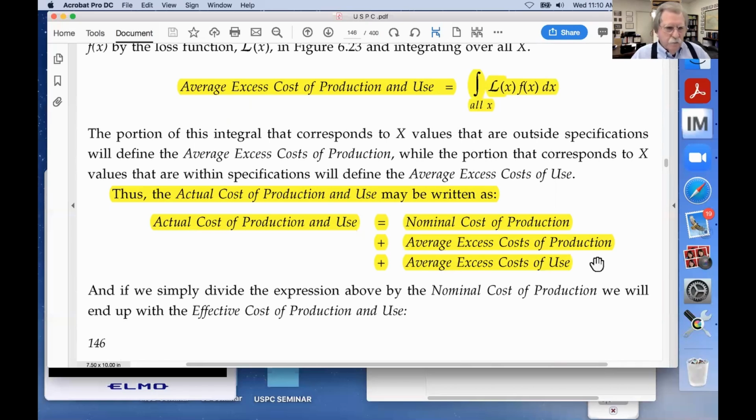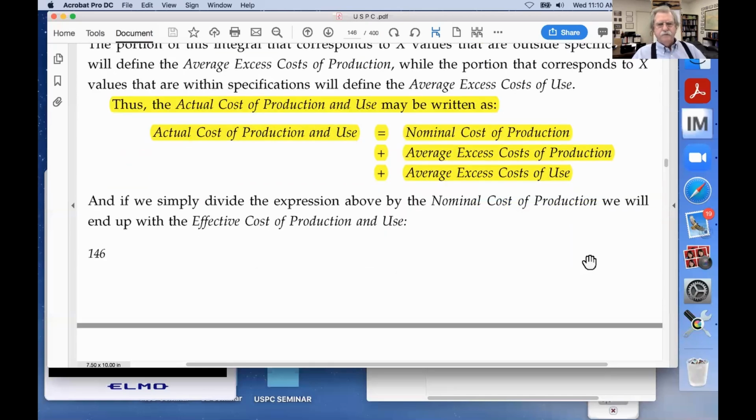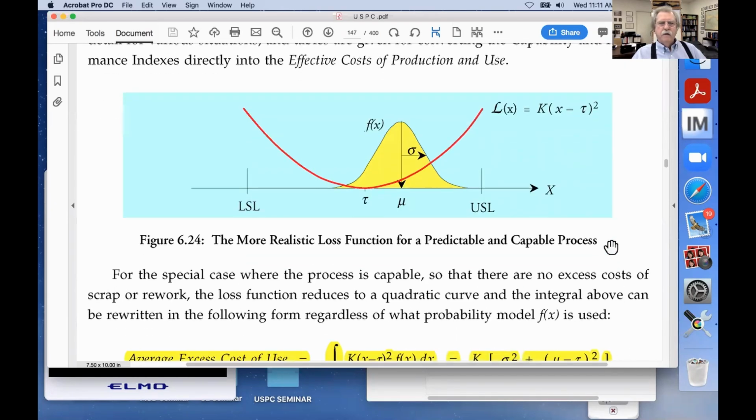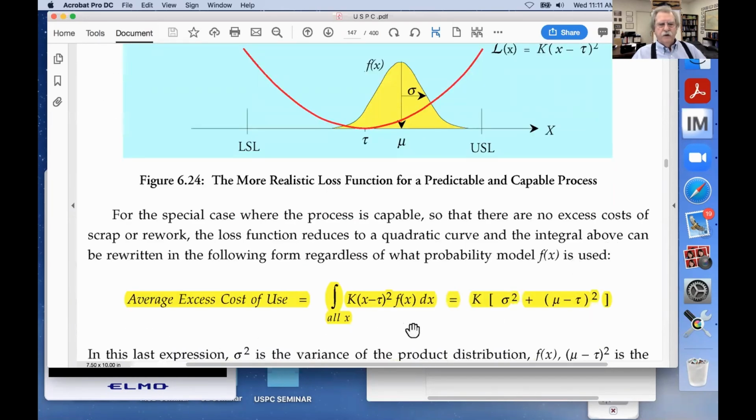So on page 147, if we have a probability model and a quadratic loss function, and we multiply the two together and integrate over all x, we have the average excess cost of use. And I don't care what probability model you might plug in, this integral has the following form in every case.